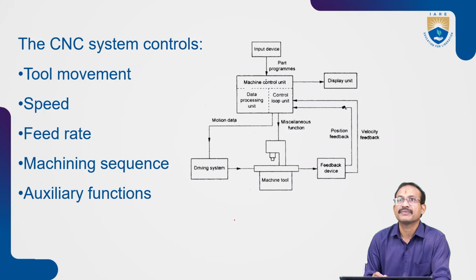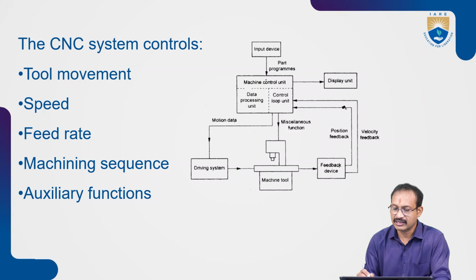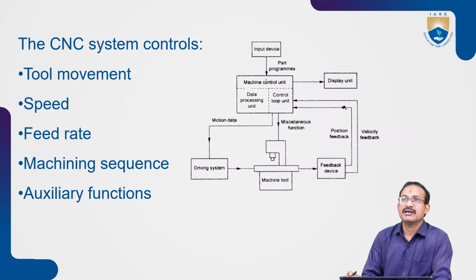The display unit displays the program and what work is going on. There is position feedback and velocity feedback, about speeds and depth of cuts, and position feedback gives the exact position of the tool on the workpiece. This is about the whole CNC system control.